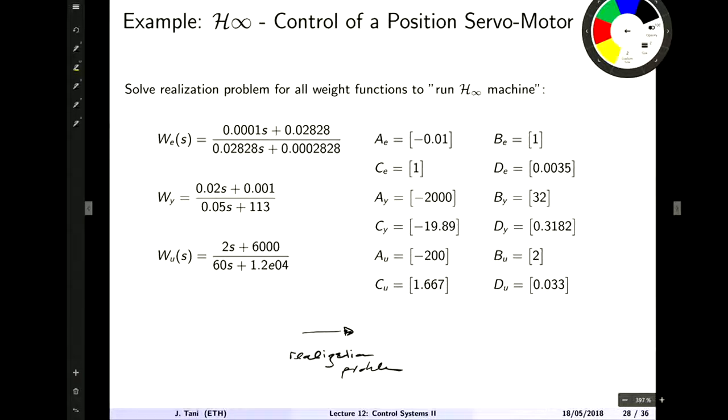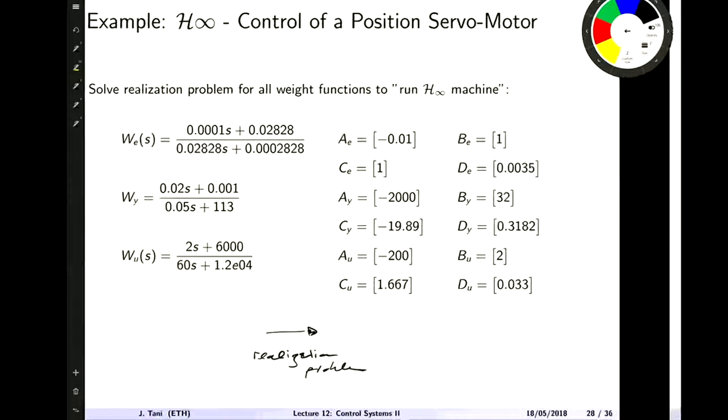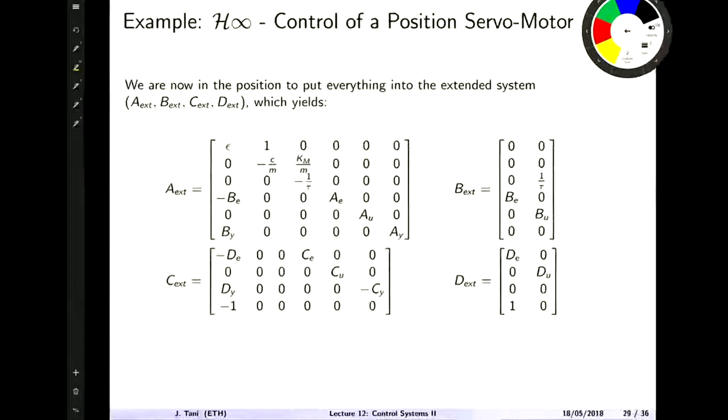And I made sure that all of these are just one by one matrices. In the general case, they might not be. So you will have a bigger matrix. So we do this. And then what we get, feel free to try that, is we have an extended system with the model parameters in there. So we see that this is A, right?